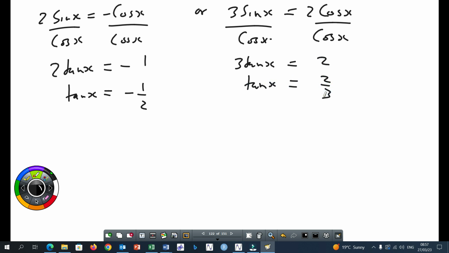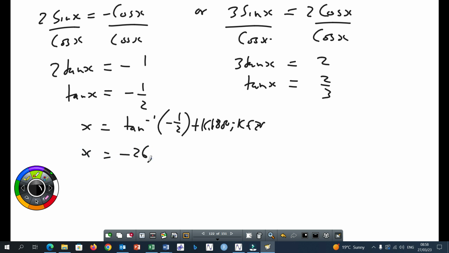Now check this, the general solution, no pressure. x equals shift tan of minus a half plus k times 180, where k is an integer. What is shift tan of minus a half? Negative 26.57. Right?